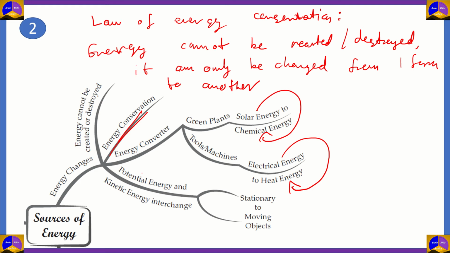Basically, potential energy is the energy that's stored according to the potential of the object, and kinetic energy is the energy that's found in moving objects. So potential energy is found in stationary objects, while kinetic energy is found in moving objects.